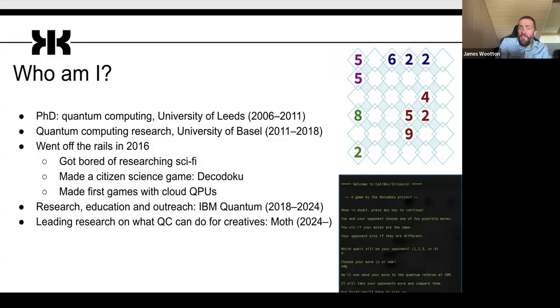And if you look at the history of computer games, the first computer games on classical computers were also about what can games do for computers? How can it educate people about programming? How can it give us insights into human computer interaction? But what is really interesting, I think, is to turn it around. What can quantum do for games?